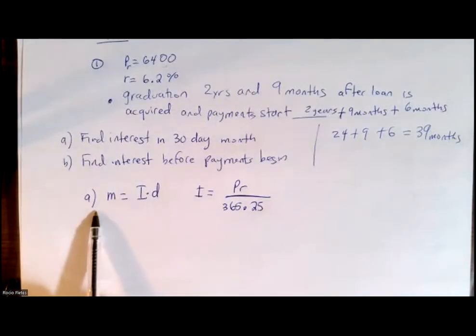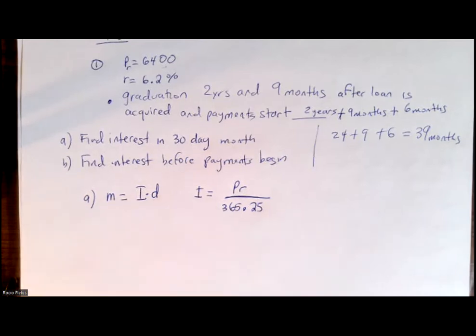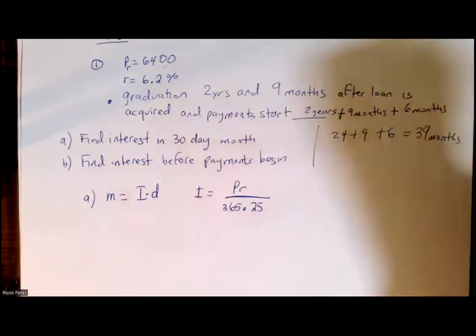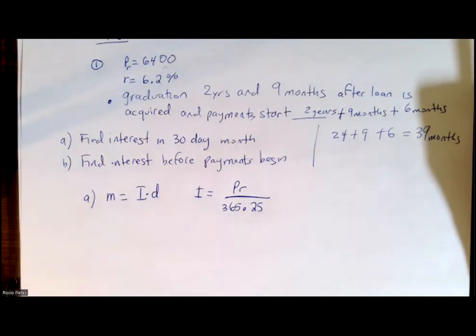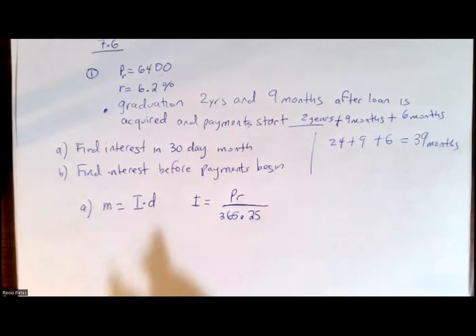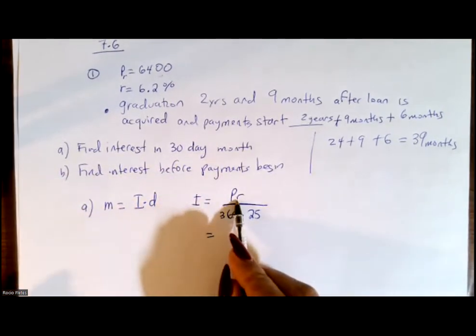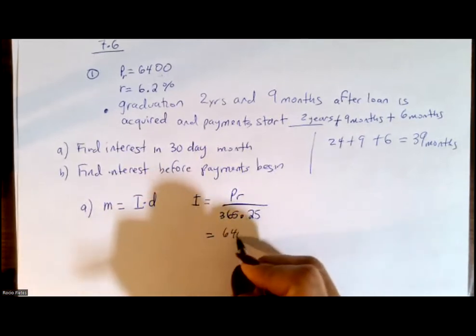Part A, we're looking for the interest in a 30-day month. How much interest does this person have to pay in 30 days of having this loan? So we have to figure out the I first. The principal here is 6,400, right?